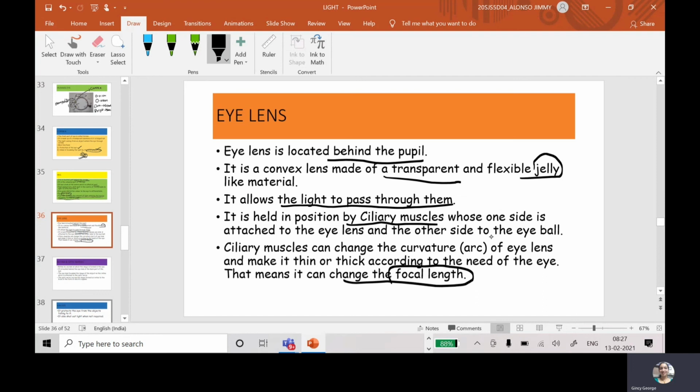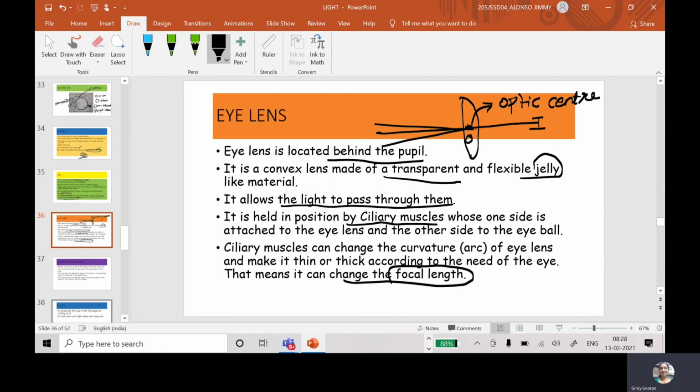What is focal length? If this is a lens, here you can see the light rays are coming, and this is called the optic center. Optic center means the center of the lens. Concave or convex, the center of the lens is called the optic center O. From here, where is the image formed?